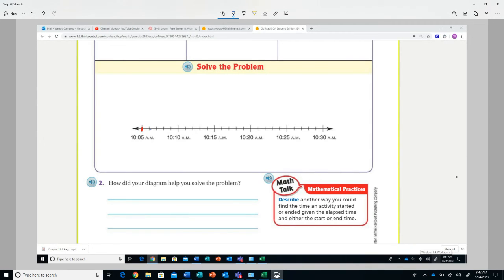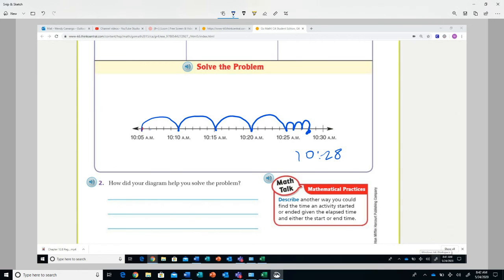So I'm going to count 5 minutes, 10 minutes, 15 minutes, 20 minutes, 21, 22, 23. And that means he stopped at 10:28. If you think about it, if I just took the minutes that he was riding, it was 10:05, so 5 plus 23 is 28. This was a fairly simple question.